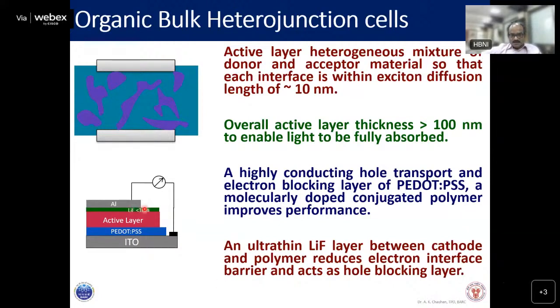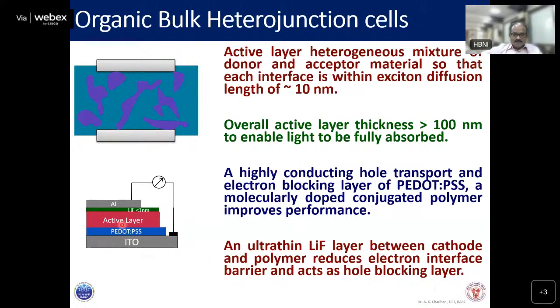So this is an electron transport layer where, as we discussed 3-4 slides ago, only electrons can transport from the active layer to aluminum, and through this PEDOT:PSS layer, only holes can transport from the active layer to the ITO, and electrons will be blocked. So this is an electron blocking hole transport layer. Similarly, it is an electron transport hole blocking layer.